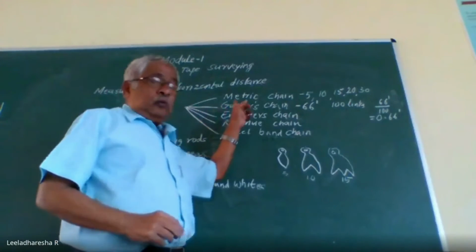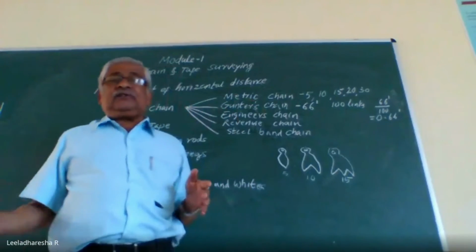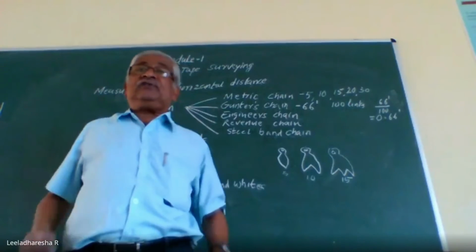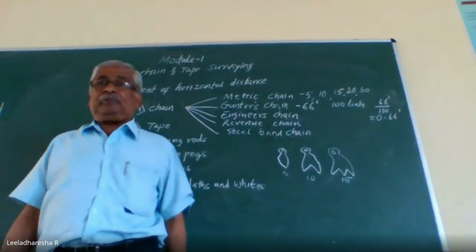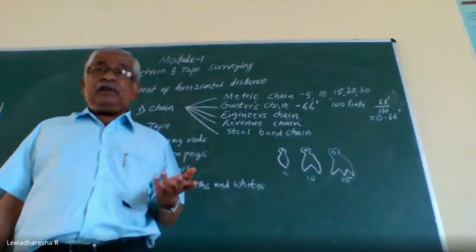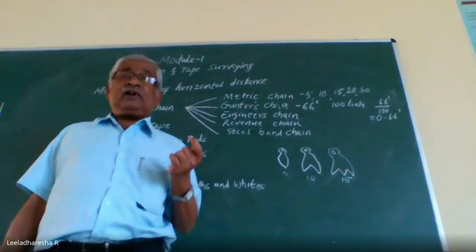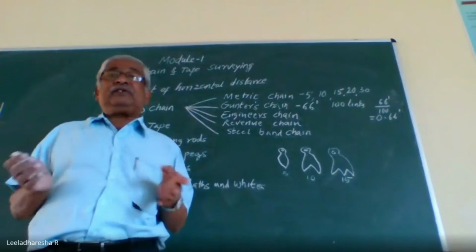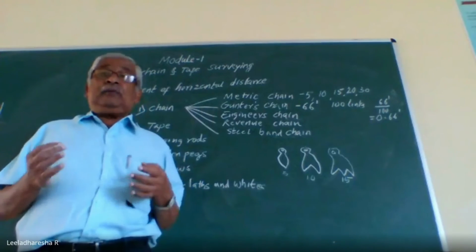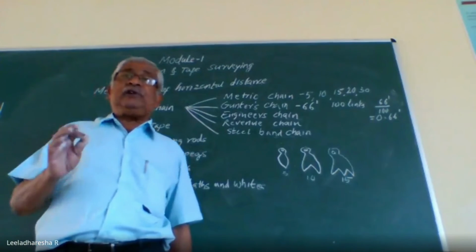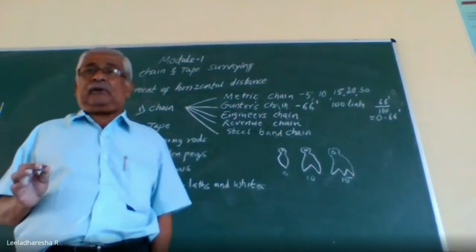Again, you may ask, because earlier during the British time, all the distances were measured in the FPS system, that is furlong, mile, and area was measured in acres. Nowadays, we measure that in the metric system as hectares. Hectares means 10,000 square meters.